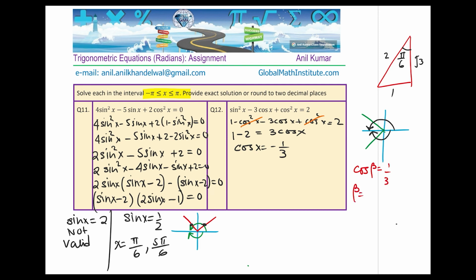So beta equals cos inverse of 1 over 3, which is 1.23. So we know the related acute angle is 1.23. So the other angles will be pi minus 1.23 and negative of this, right? So we can write this as plus and minus. So we'll do pi minus 1.23.